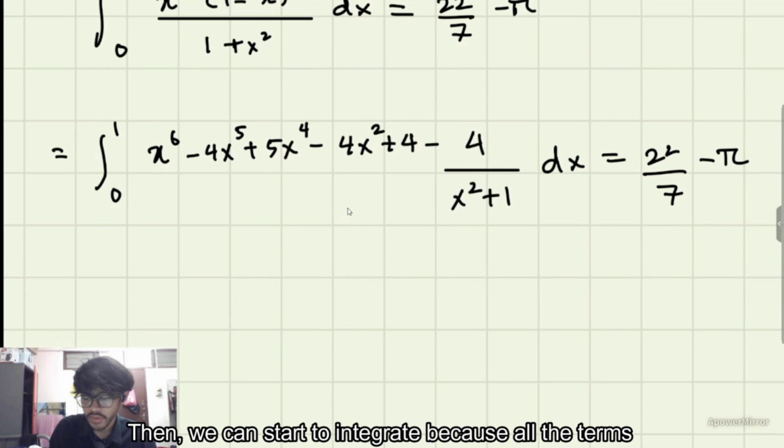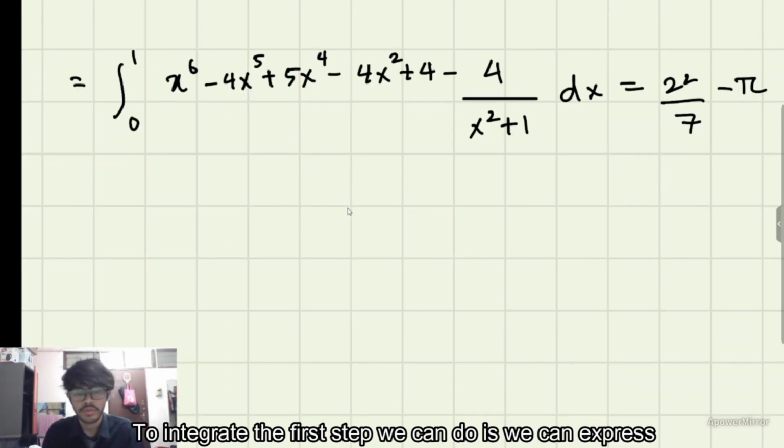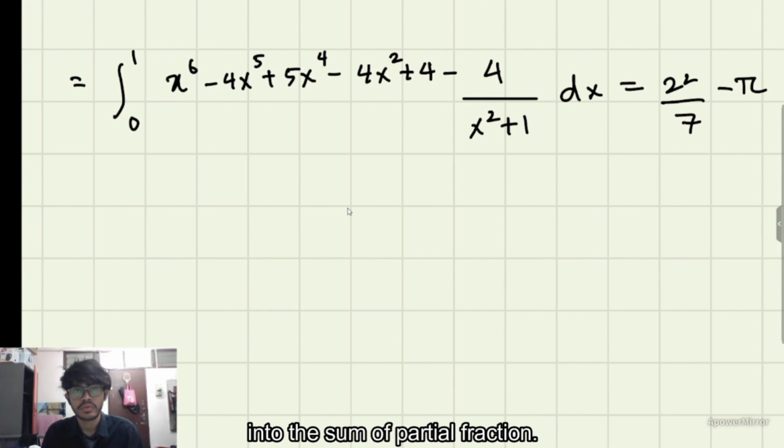So from these functions, we can start to integrate because all the terms are polynomial functions and the fractions are proper fractions. To integrate, the first step we can do is to express it into the sum of partial fractions.